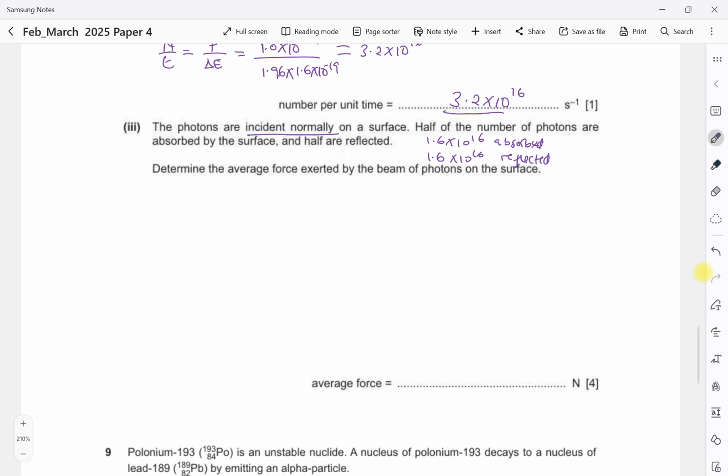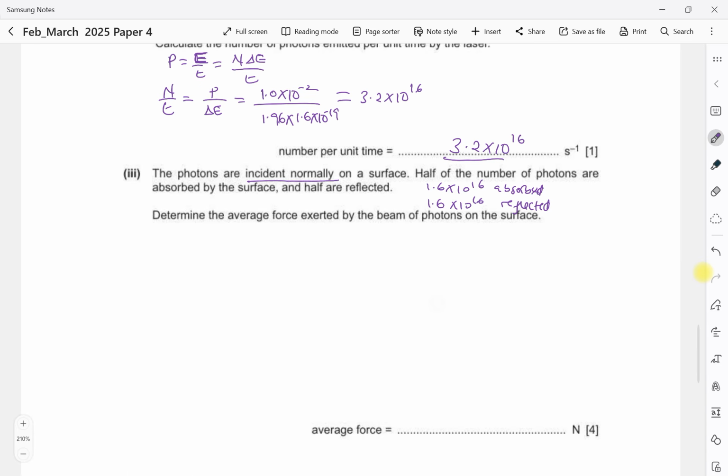Determine the average force exerted by the beam of photons on the surface. So let's say this is the surface. Half of these particles arrive on this with a momentum p, and then the final momentum becomes 0.